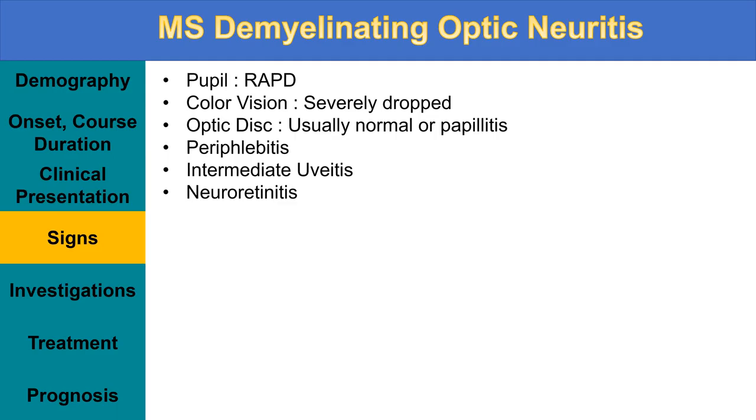For the pupil, there will be a relative afferent pupillary defect. And a very important clue about optic neuritis is the color vision. The color vision is severely impaired, disproportionate to the drop in visual acuity. This is characteristic for optic neuritis, meaning that the patient could have a visual acuity of 6/24 or 6/18.